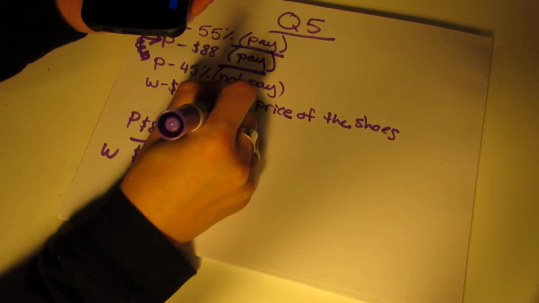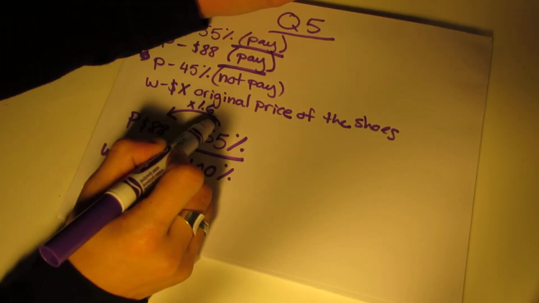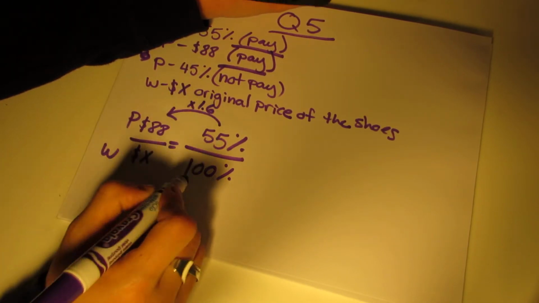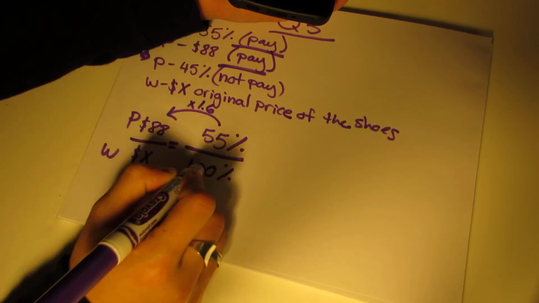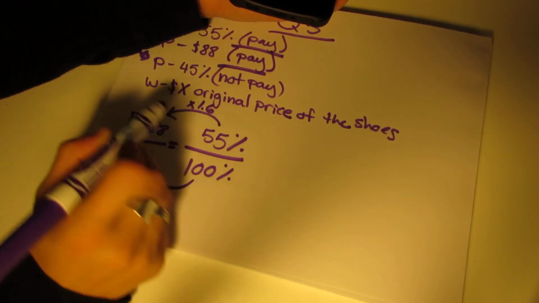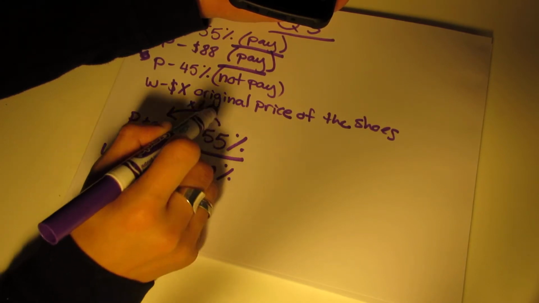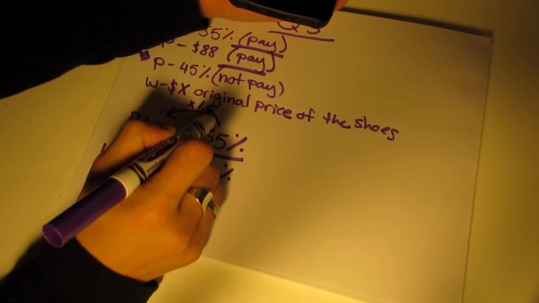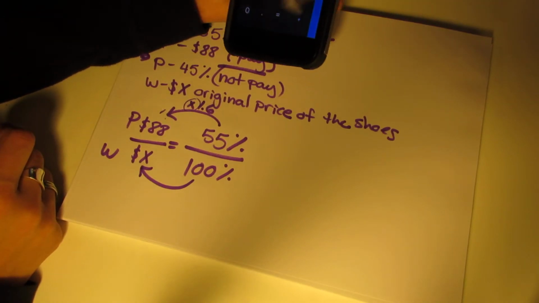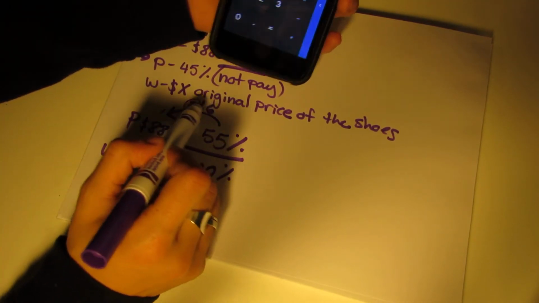Okay? So if you can figure out which way you're going, meaning from 55 to 88, because I need to figure out x. You're always going toward x. You'll be fine, okay? So I'm going from 55 to 88. That means I'm increasing in numbers. That's why I multiply. All right, then all you have to do is figure out your scaling factor.